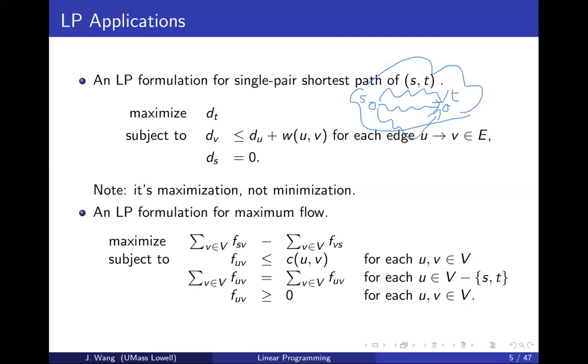So what you're looking at is the shortest path from S to T in terms of the total weight on that path.